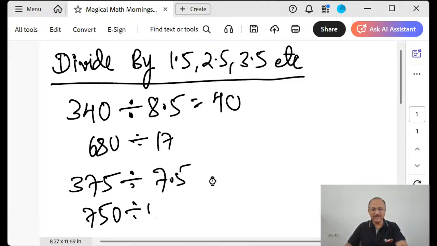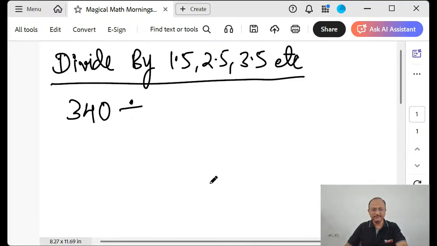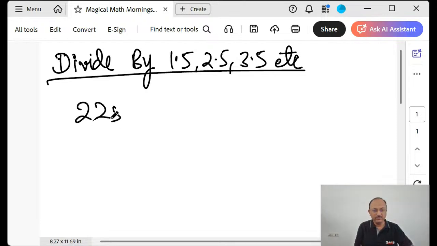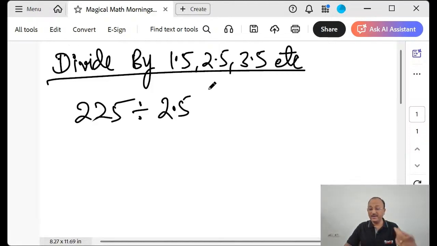Correct. Let's try this one. 225 divided by 2.5. Easier one I want to do. Without using pen and paper, you should be able to tell this. Very fast. 225 divided by 2.5.